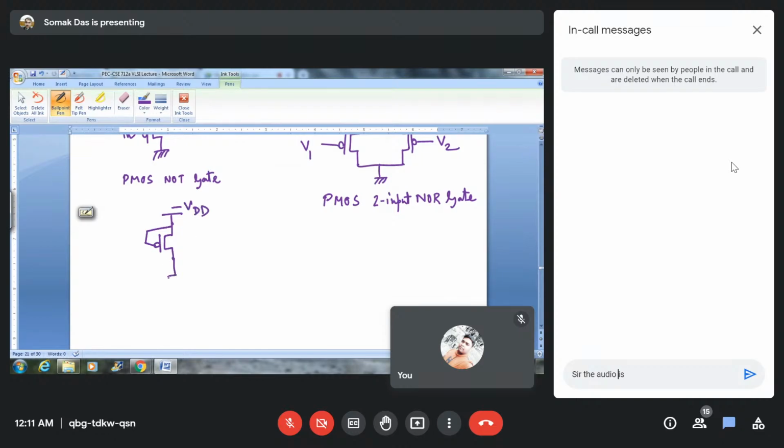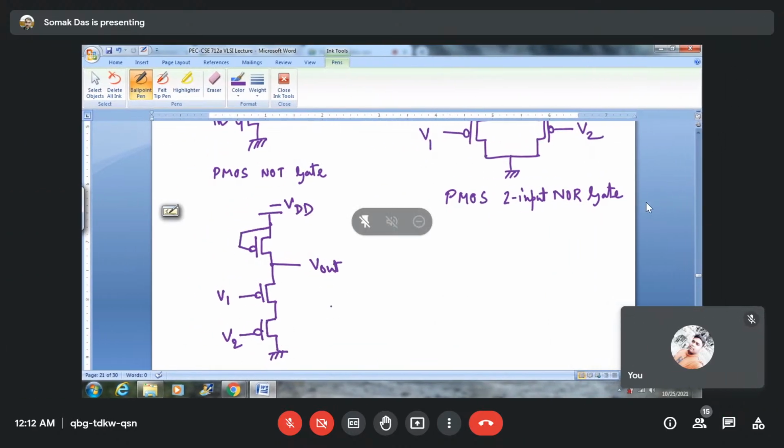The driver network comprises two PMOS transistors cascaded. This is the PMOS 2 input NAND gate.